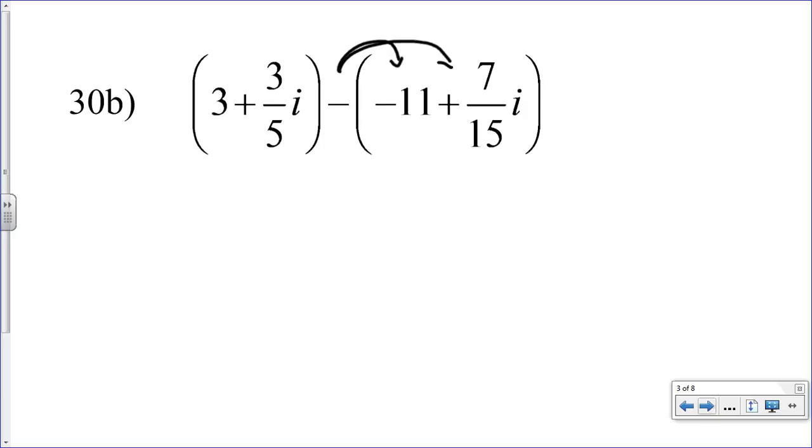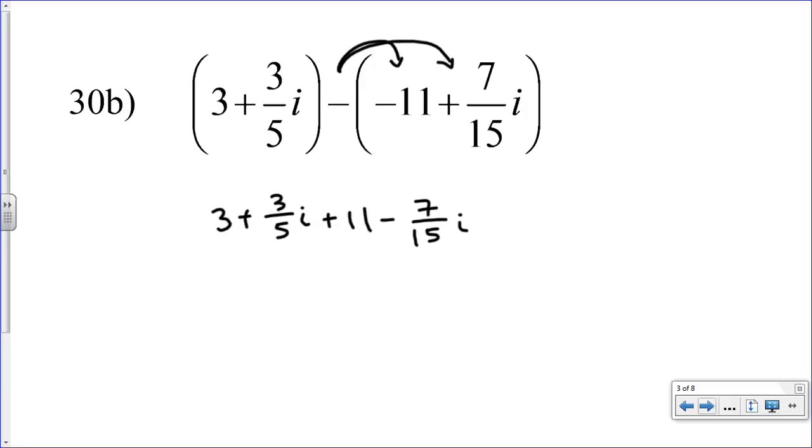So this looks complicated because there's fractions, but this is actually easier than the ones we just did because there's no radicals. So I have positive 11, negative 7/15 i.